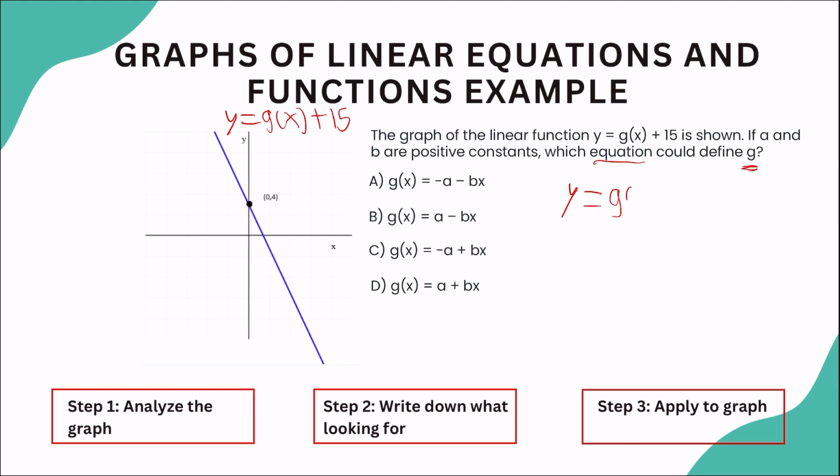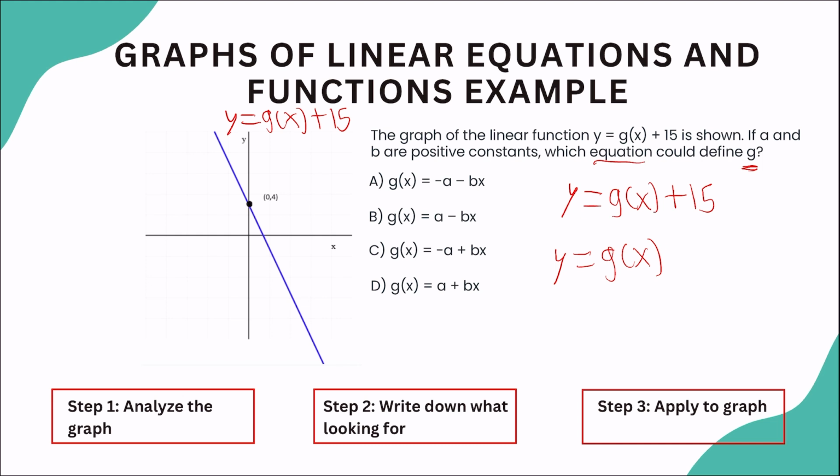y equals g of x plus 15. And so if we're looking for just g, we're going to want to subtract this 15 out, which will give us g of x. But we have to think about what's actually happening when we subtract this 15 out.